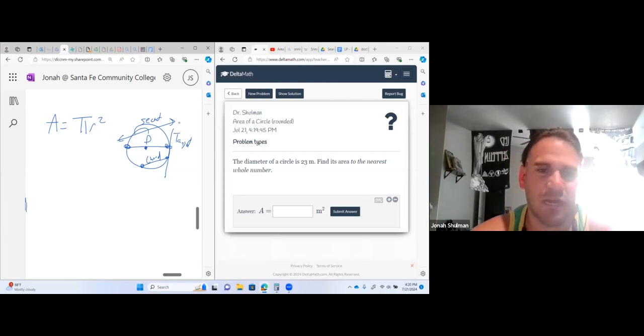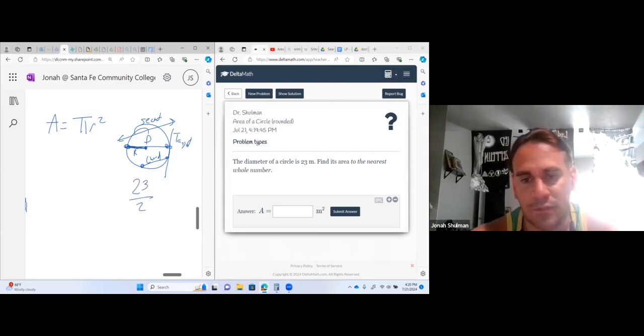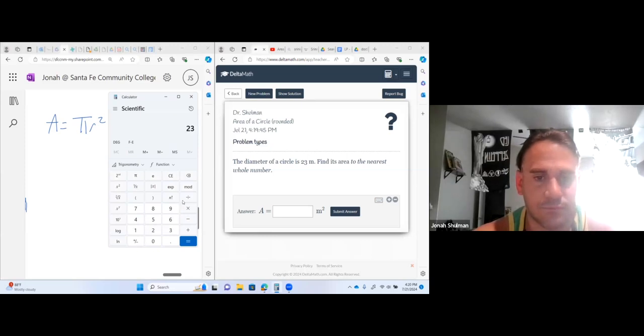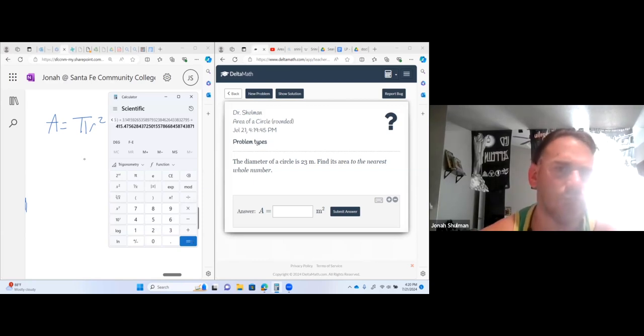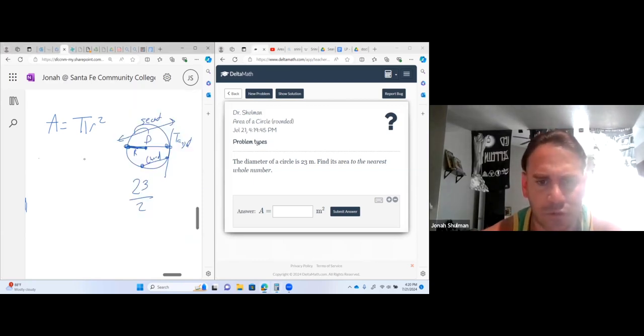But diameter, half of that is your radius. So if we know that diameter is 23, we cut it in half. That gives us our radius, 11.5. Now we square it. And we just times it by pi. 11.5 squared times pi gives us our final answer. We want it to the nearest, it said whole number?